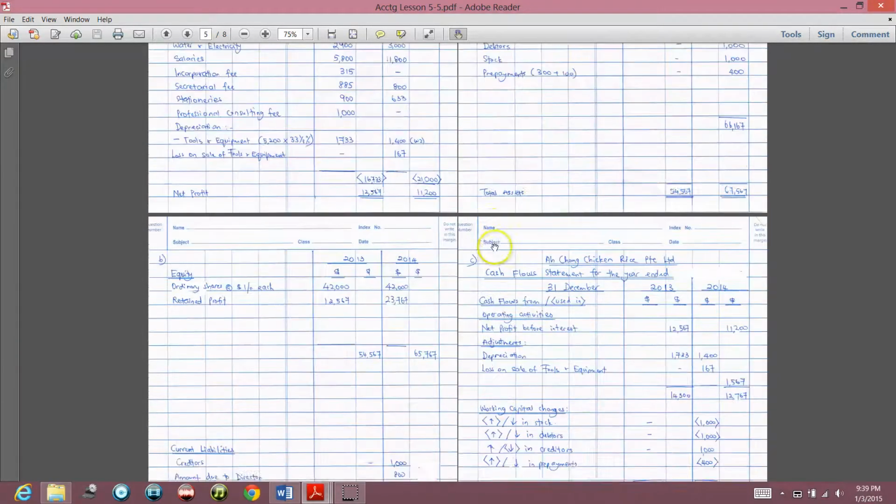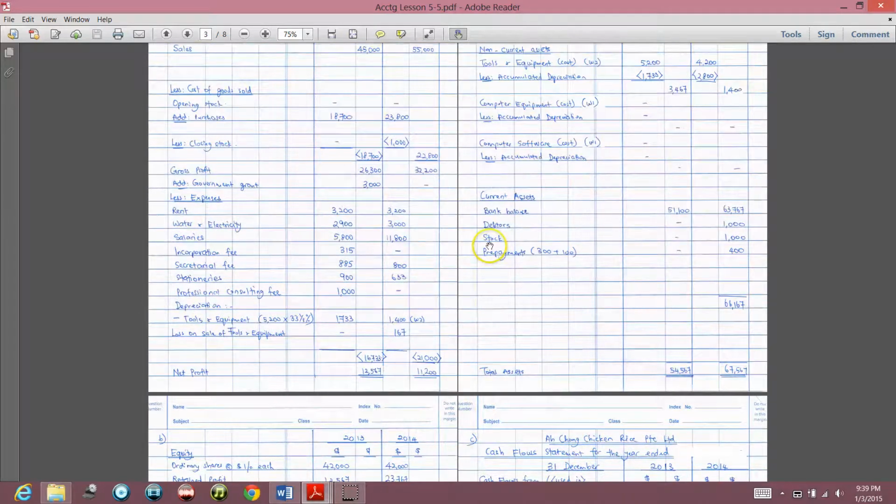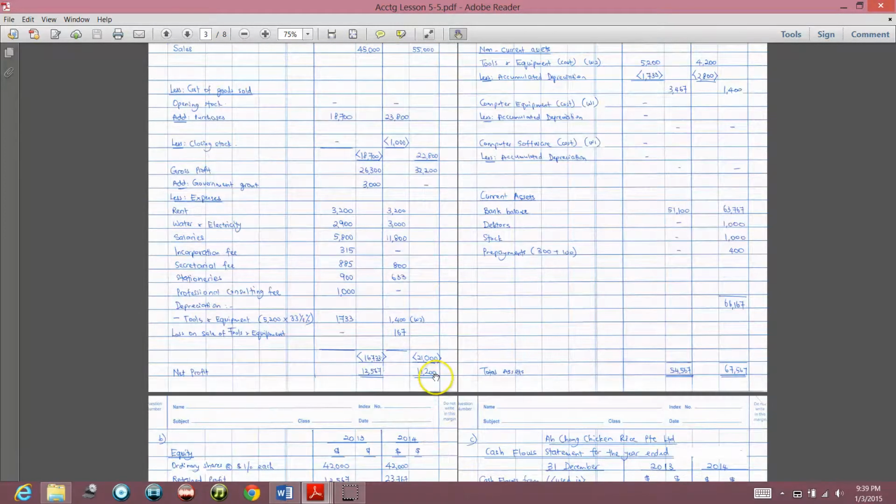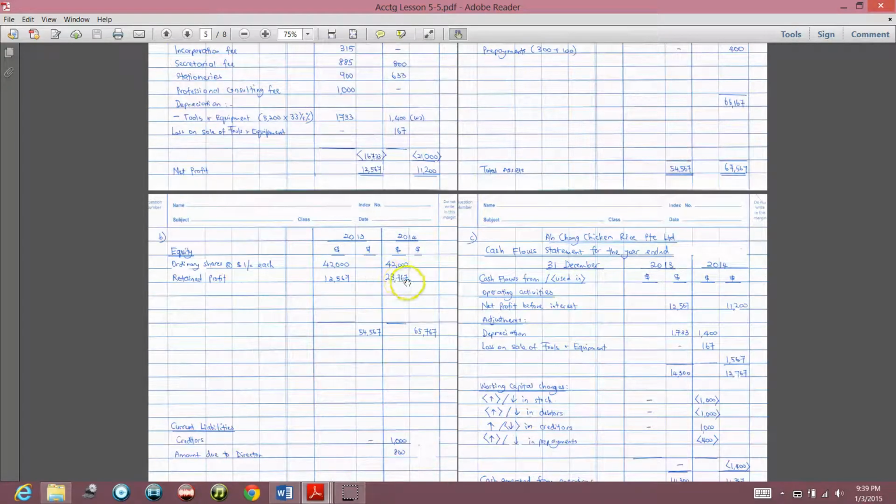Now similarly, the gross profit minus all the expenses gives you your net profit. This one, retained profit, means accumulated profit. Last year's profit is 12,567 plus this year's profit of 11,200.